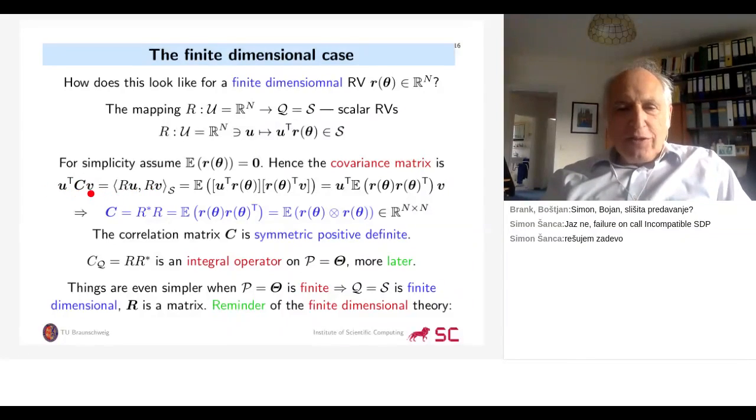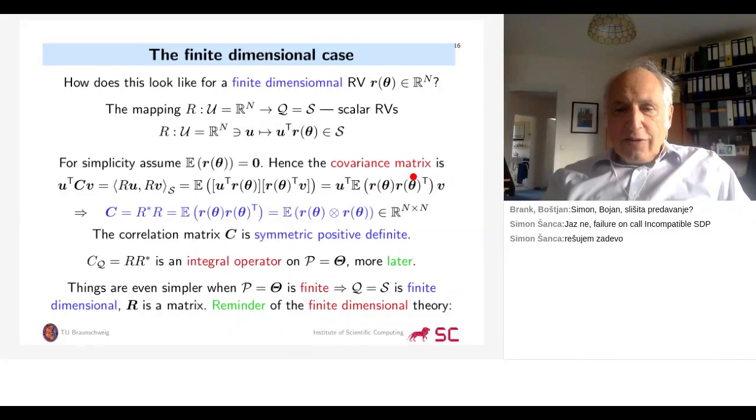So what is it? U transpose CV. Now we try to find out what is C. It's this inner product, and this inner product is given here by the expected value. So it is the expected value of RU, which is this, and RV, which is this, and the product of these, and then taking the expected value. Now, because U and V are constant, I can take them out of the expected value, and I have this here.